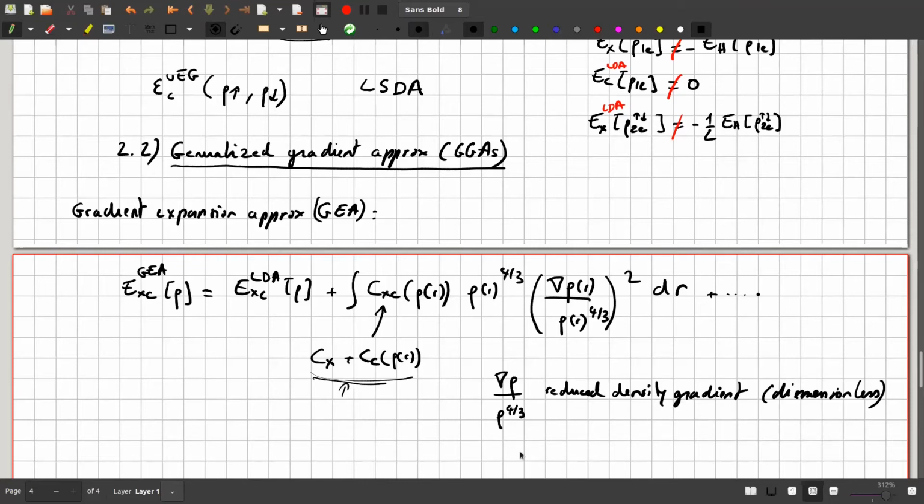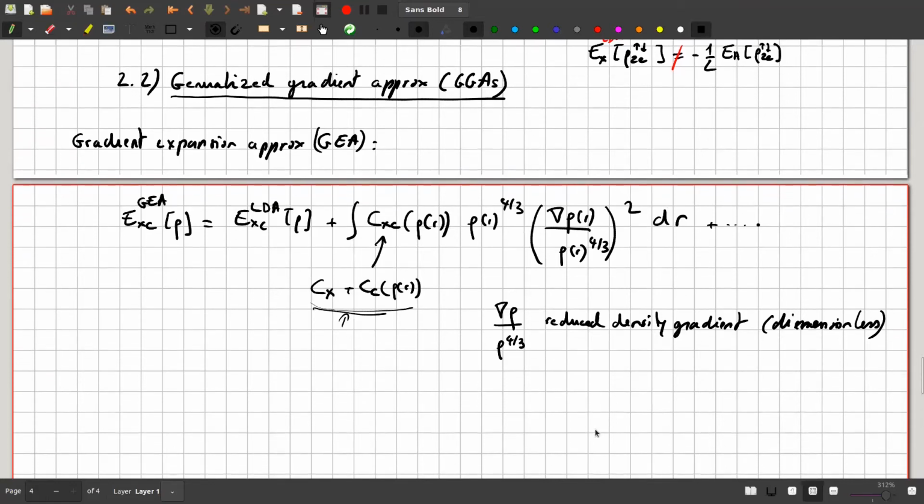And for this reason, this truncated gradient expansion is in fact very, very bad. Okay, so that's why it is not used at all. But it is used in another way in the generalized gradient approximation. We build some information from this in the generalized gradient approximation.